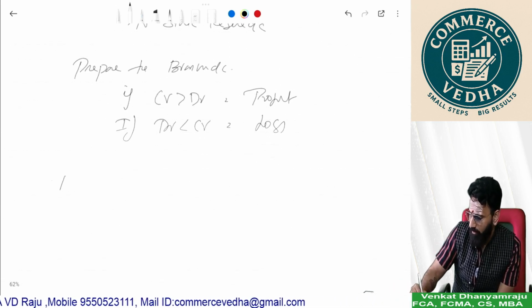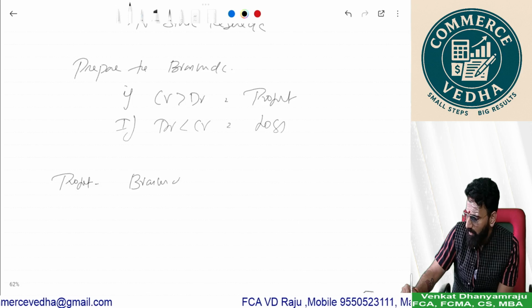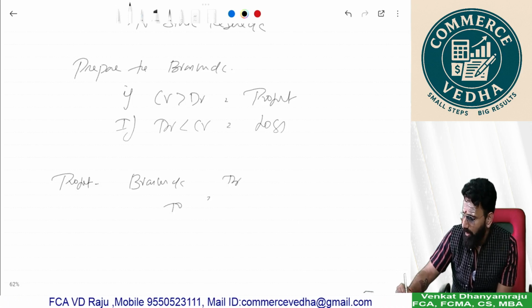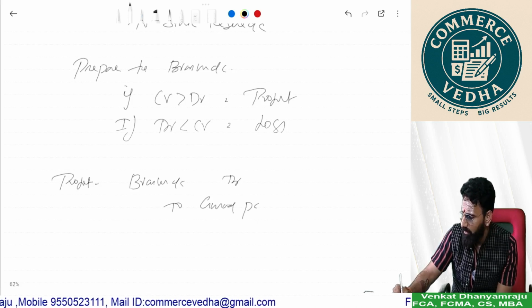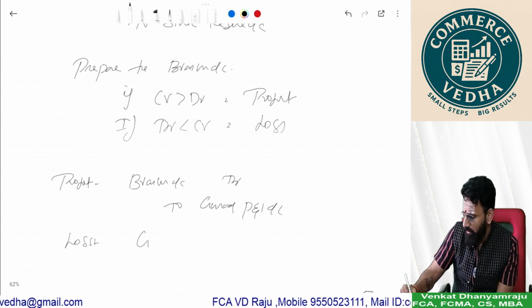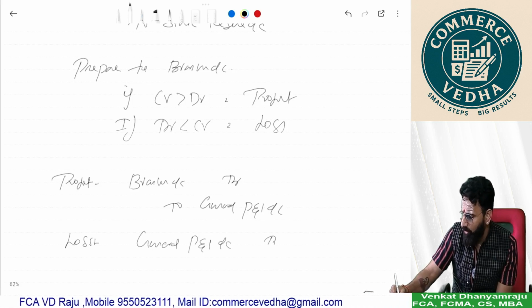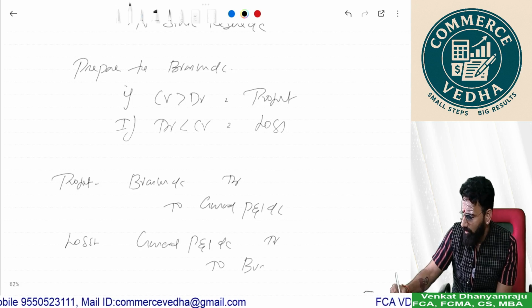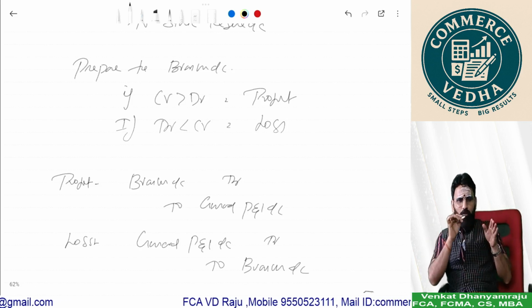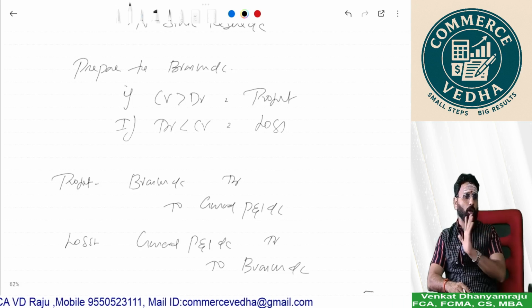In case of profit, the entry shall be branch account debit to general P&L account, and in case of loss, the entry is general P&L account debit to branch account. The same, no change. Between invoice price and cost price, the change is only with respect to accounting of stock.